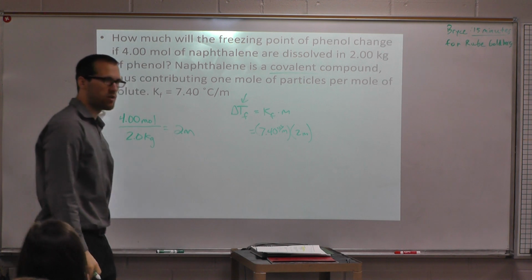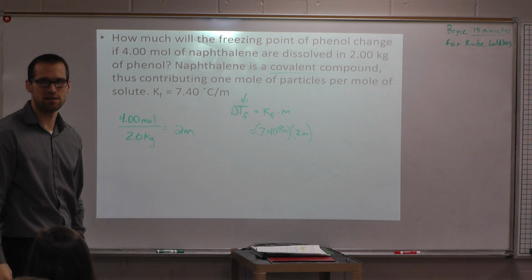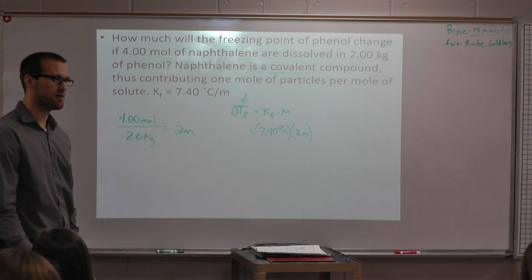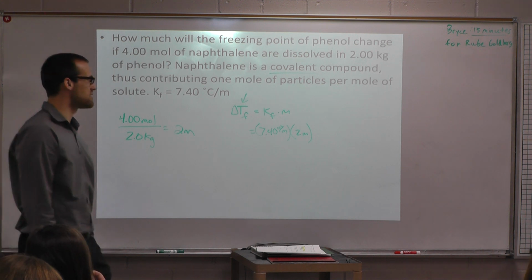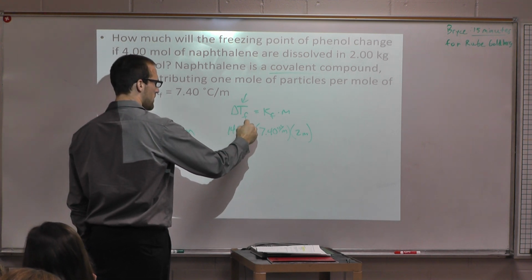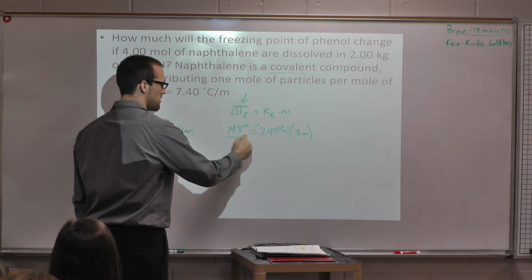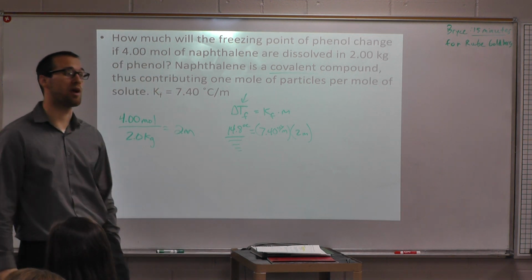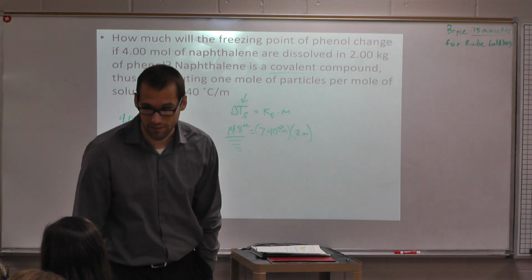Set up the exact same way, same process, same looking equation. Only difference is it's freezing. I do want to make one little subtlety here that's different. It's called freezing point depression, so you would have to subtract that number.